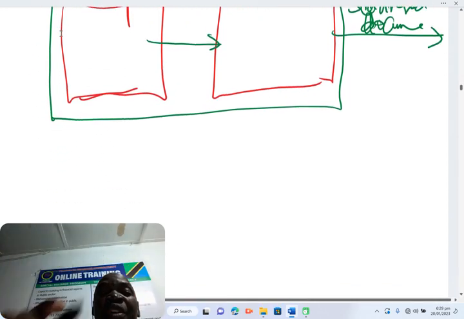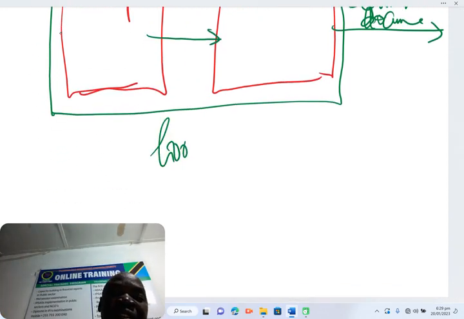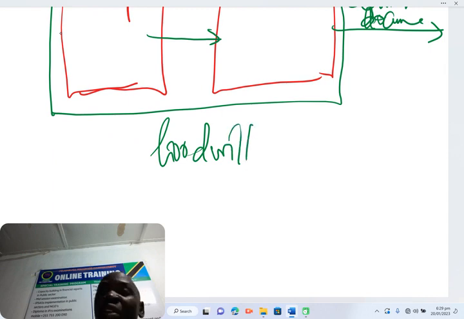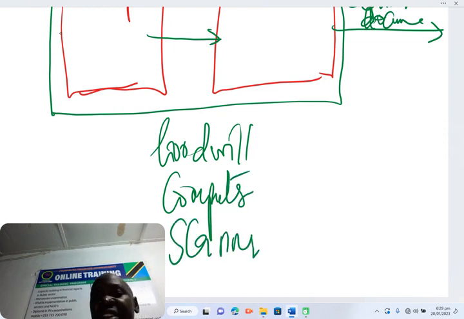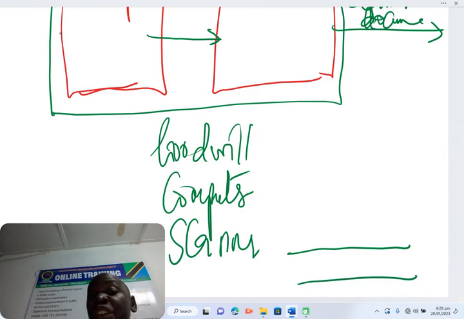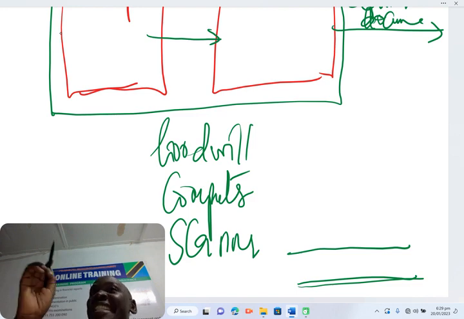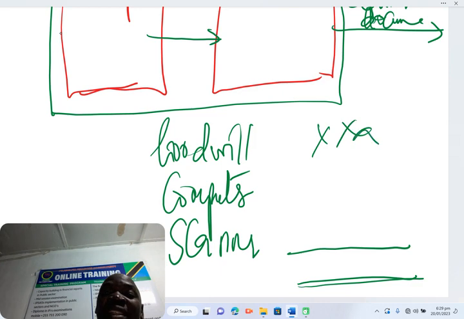This CGU comprises goodwill on a combination of assets, and we have a computer and the scanner. Since this document is being sold, we are saying this is a cash generating asset. Remember, CGU, cash generating asset. So these are the carrying amount and others.